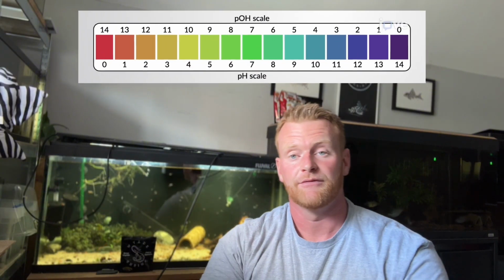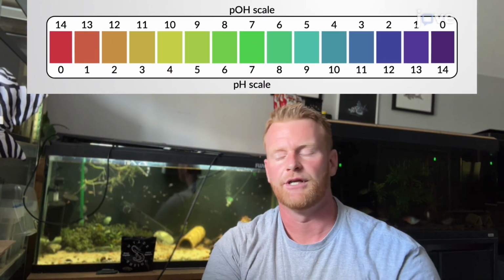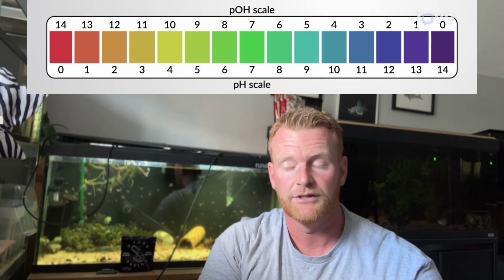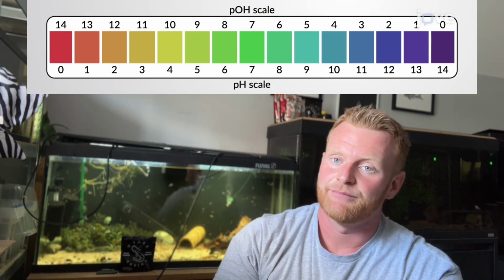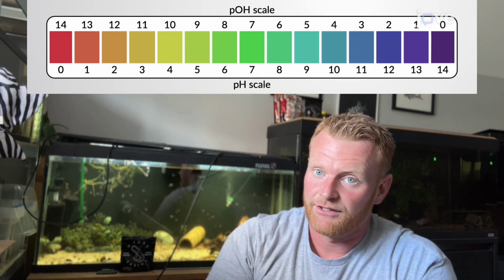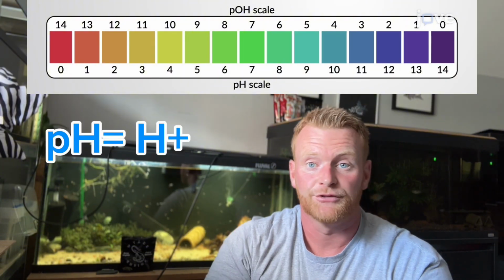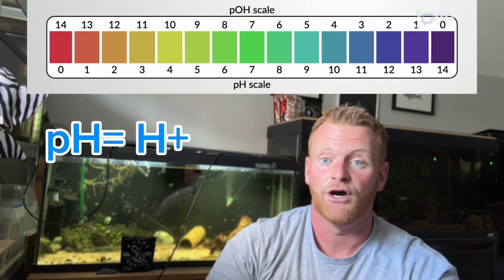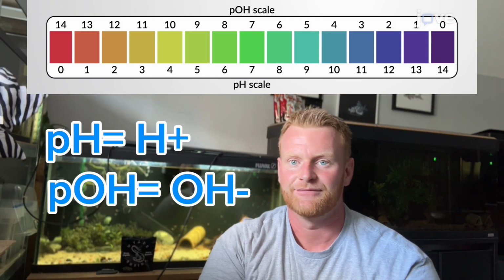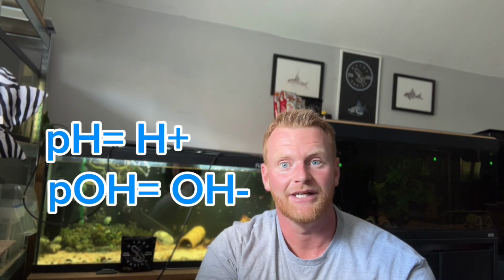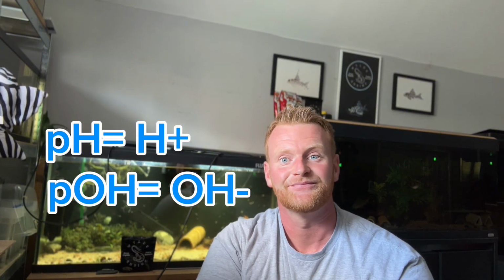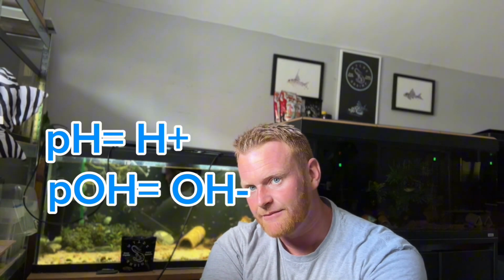So we've already discovered that pH is a measure of hydrogen ions in a solution, while pOH is a measure of hydroxide ions in a solution. Hydrogen ions have the chemical symbol H+, and hydroxide is OH negative. H plus, pH. OH negative, pOH. Simples. They run completely opposite.